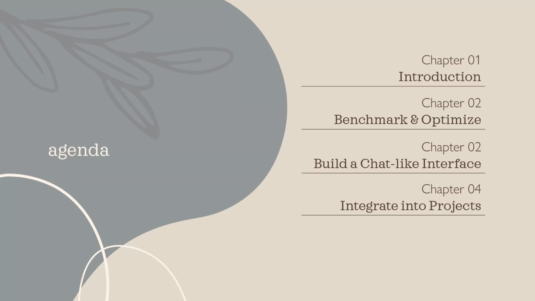Whether you are building a research assistant, a code helper, or a RAG, or retrieval augmented system based on your documents, Ollama will make your life super easy. By the end of the video, you'll be ready to plug Ollama into your own projects and bring local AI to life. So let's jump in.